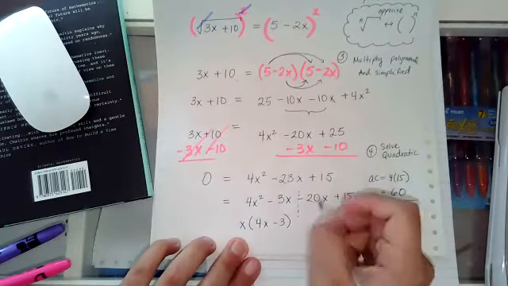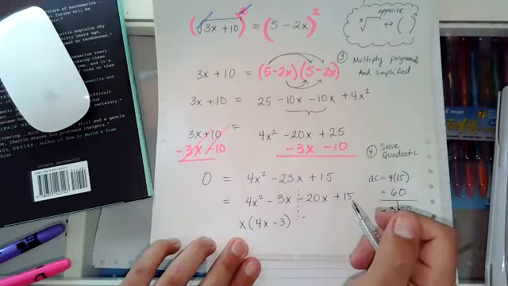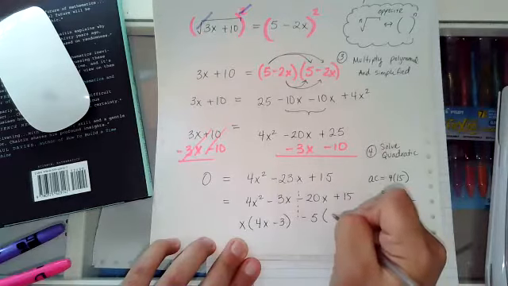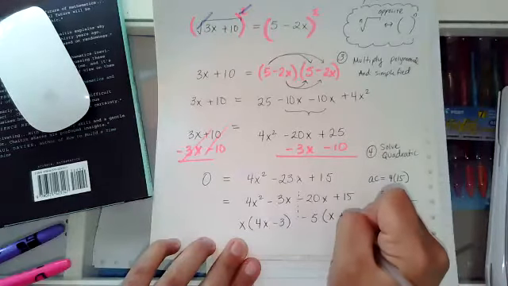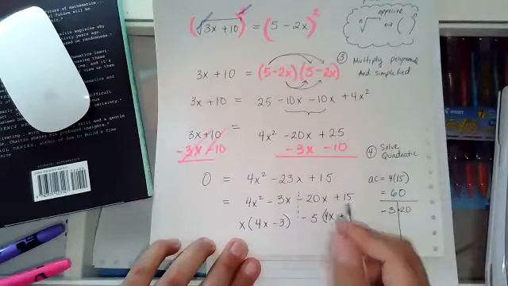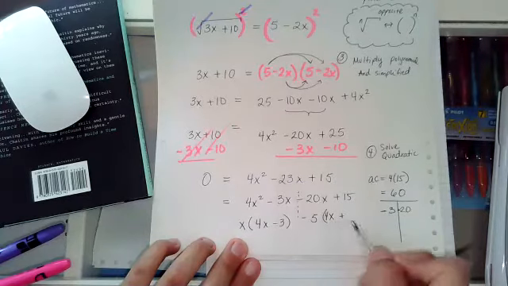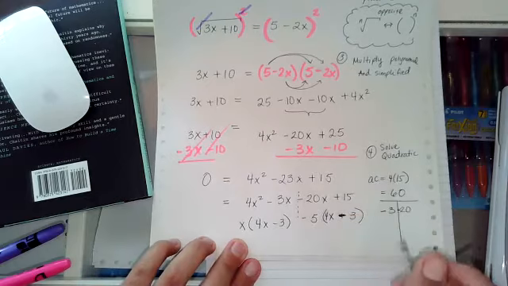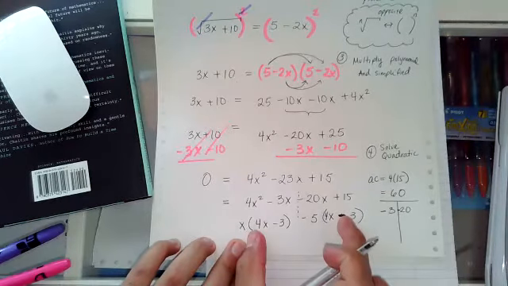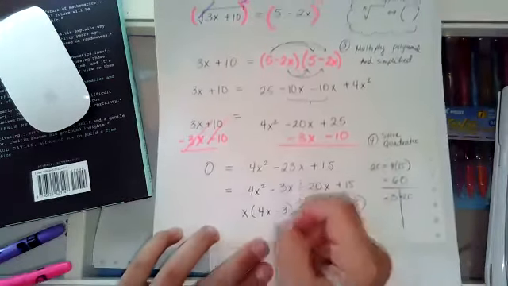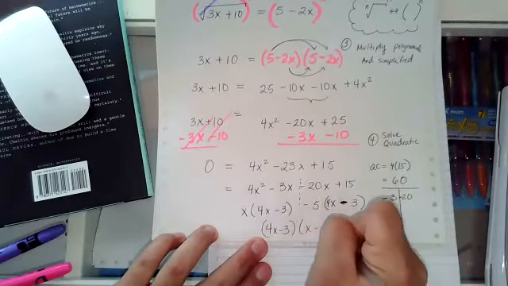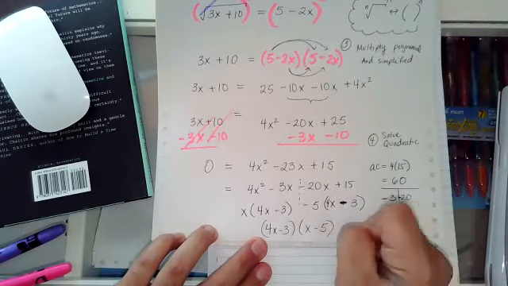And then we can factor out a negative 5 here, which will give us the 4x. And then I need a minus 3. There we go. Now these match. So my factors are 4x minus 3 and x minus 5. And that's all equal to 0.